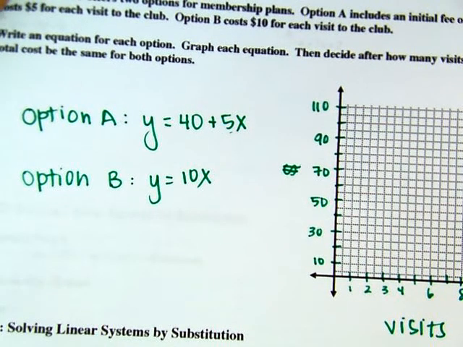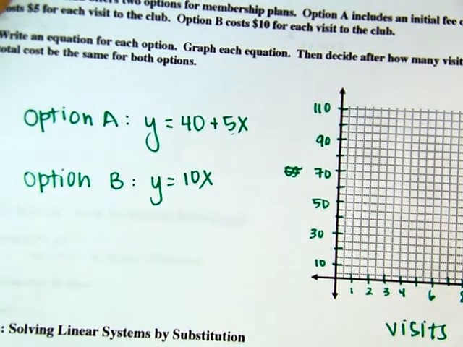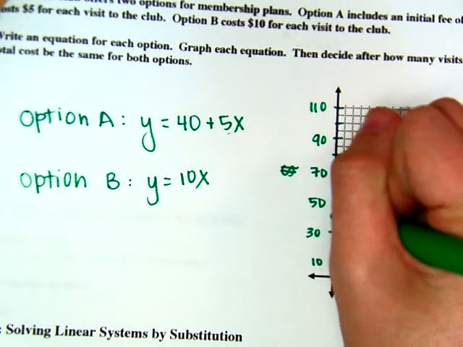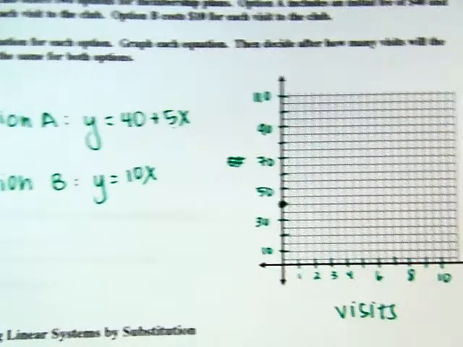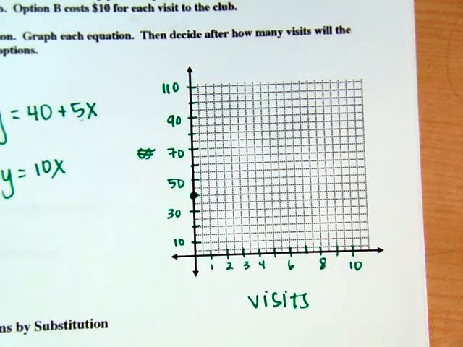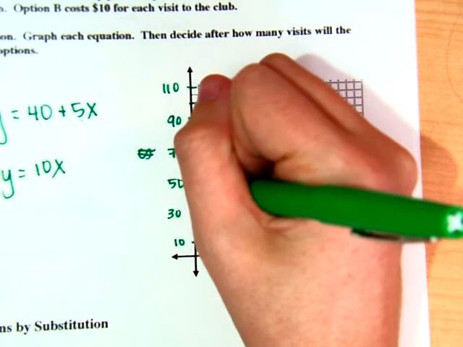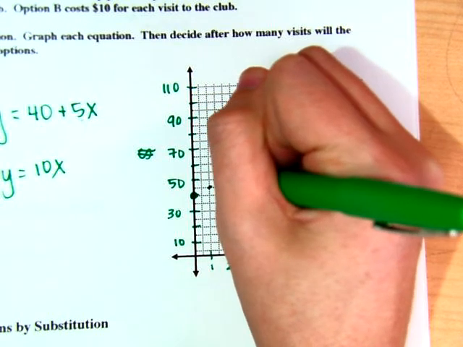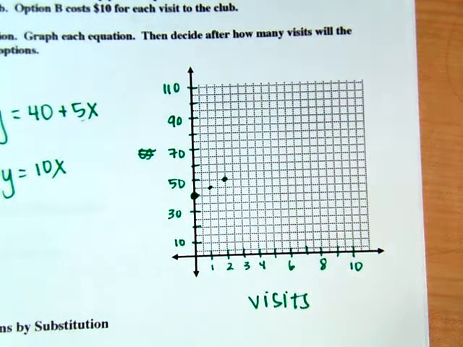Now my option A starts at $40 for 0 visits. That's like my y-intercept. And then each time I visit, I have to pay 5 more bucks. So my slope is like 5. So if I go up 5, I'm going over 1, up 5, over 1, kind of like that.